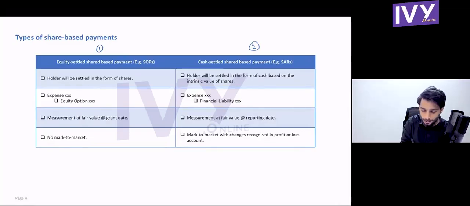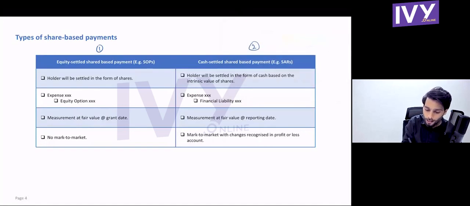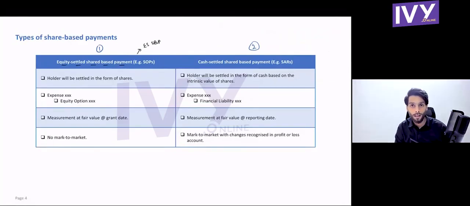One is known as equity settled share-based payment. I usually call it ESSBP, equity settled share-based payment.